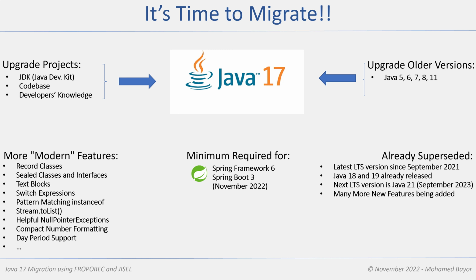And as we know, many new interesting features will be added to Java 21 on top of Java 17 features. So, migrating to Java 17 now and gradually updating your developers' knowledge will help reduce the effort when the time comes to move to Java 21.